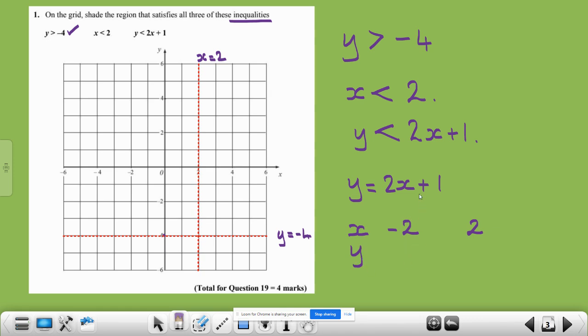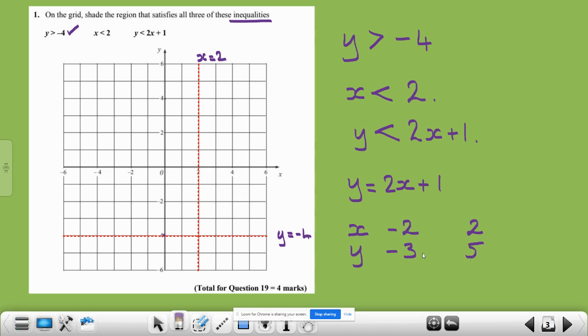So if x was minus 2, then 2x is going to be minus 4. Add the 1 and we would get minus 3. Okay. And then if x was 2, we would have 2 times 2 is 4 plus 1 is 5.